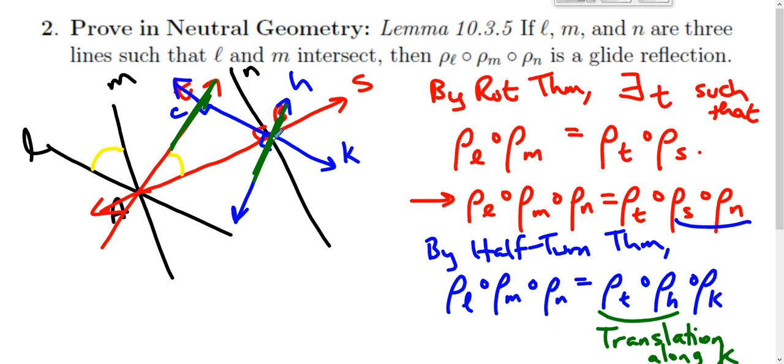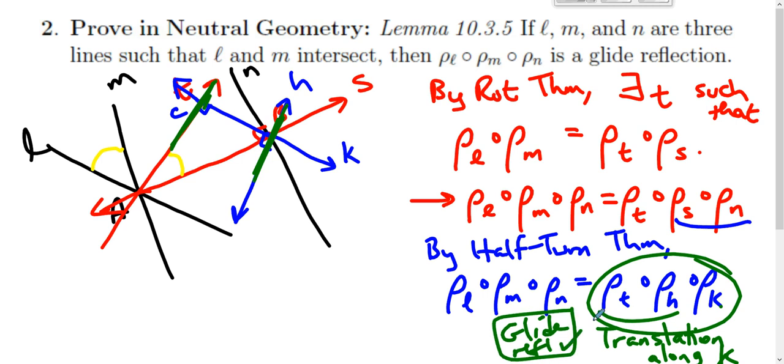So reflecting over two lines that share a common perpendicular is a translation along line K. So what is this? This is a translation along the vector of a reflection line composed with a reflection. So this is a glide reflection as needed.